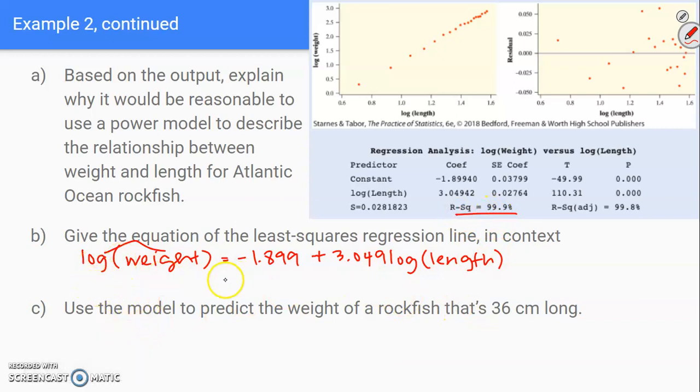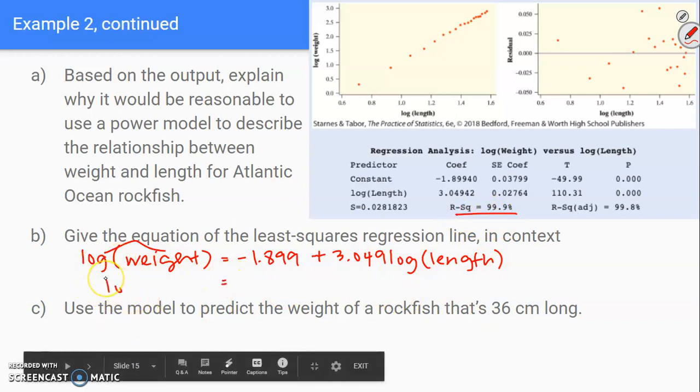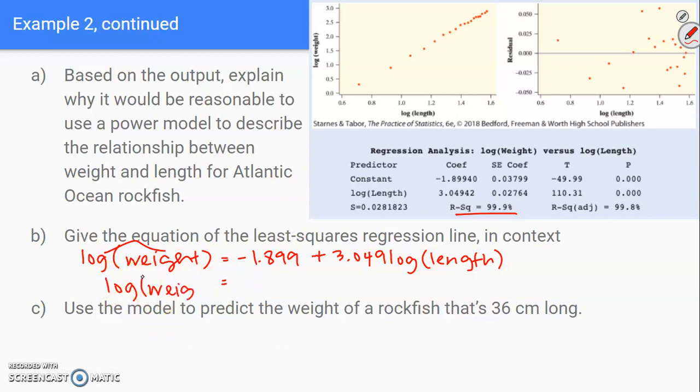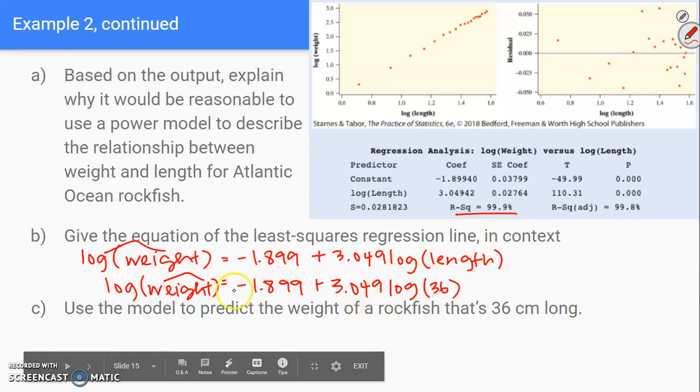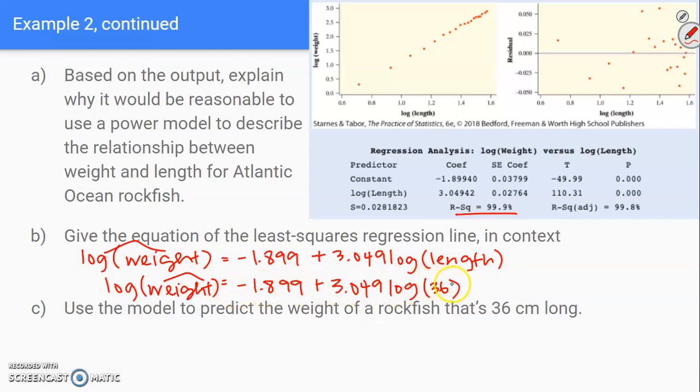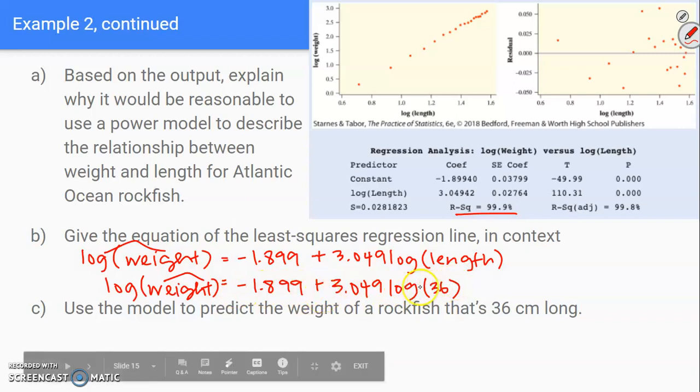I'm going to start up here because it won't let me write below this thing. So log of weight equals negative 1.899 plus 3.049 times the log of, and I'm going to plug in, 36. So everything that's on the right side of this equation is something that I can put in my calculator.